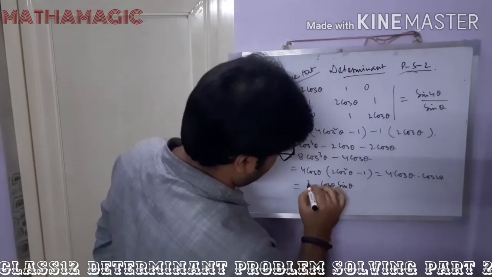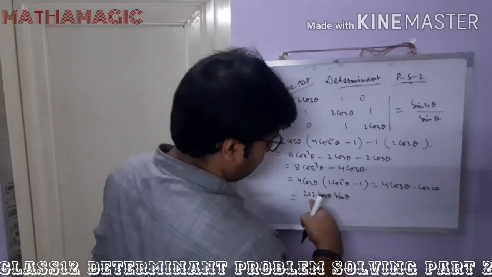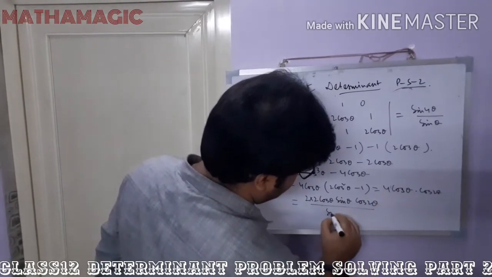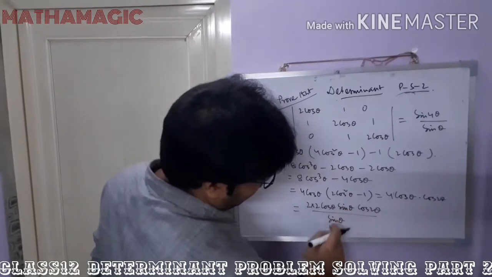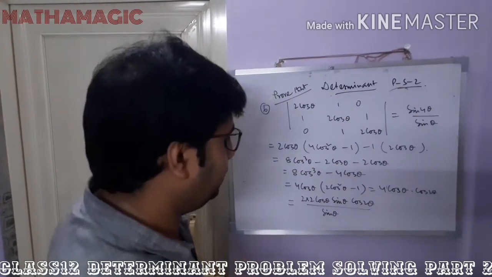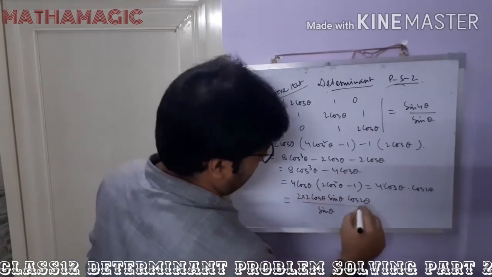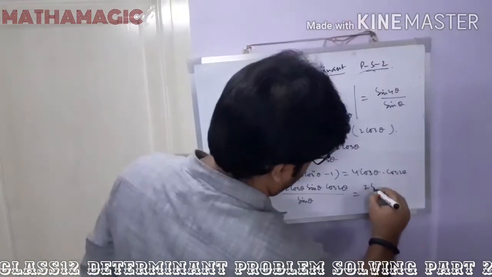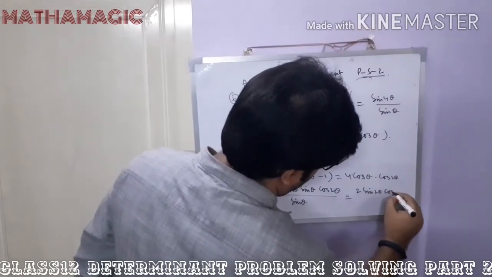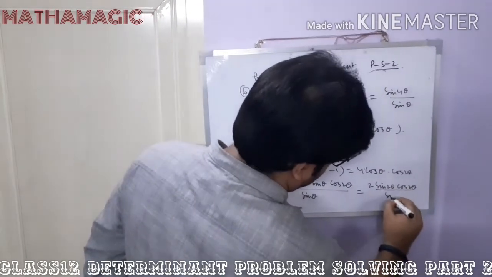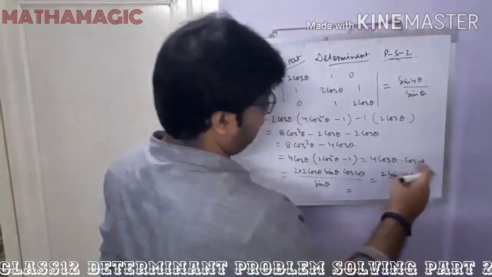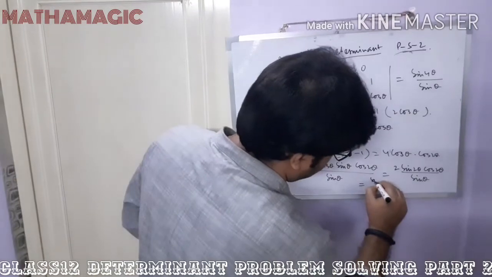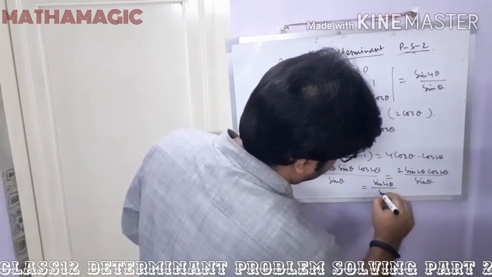We'll write the 4 as 2 into 2, so 2 cos 2 theta divided by sin theta. As we have taken sin theta here, we need sin theta in the denominator also. So 2 sin theta cos theta means sin 2 theta. So it becomes sin 2 theta cos 2 theta by sin theta. We know that 2 sin 2 theta cos 2 theta equals sin 4 theta. So it is sin 4 theta by sin theta.